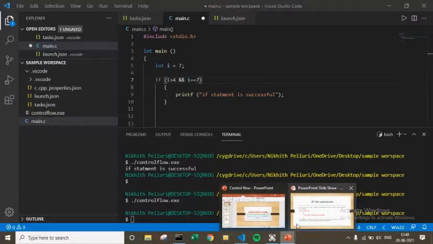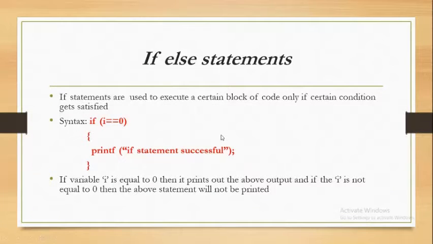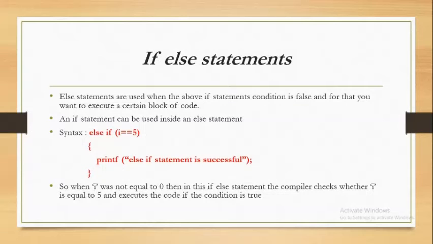So let's go to our presentation. Else statements are used when the above if statement's condition is false, and for that you want to execute a certain block of code. One more thing is, an if statement can be used inside an else statement, that is else if. The syntax is like this: the else if.